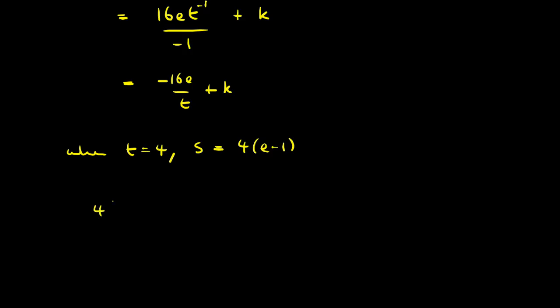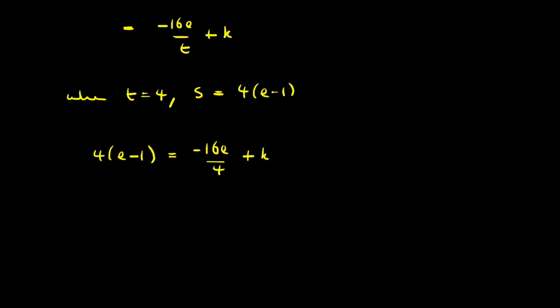We can get 4 bracket e minus 1 is equal to minus 16e divided by 4 plus k. And so what we're going to get if we expand is 4e minus 4 is equal to minus 4e plus k. And so k is going to be equal to 8e minus 4.